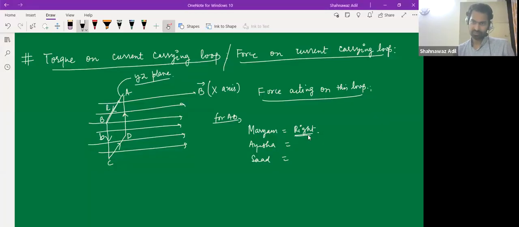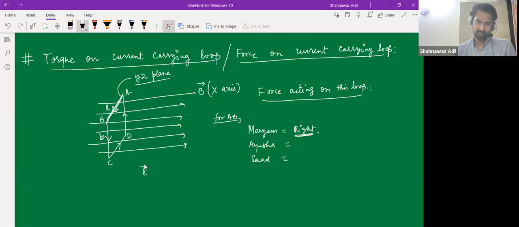So you guys tell. Okay, so Mariam is saying right. This is the direction of the current or length, right?